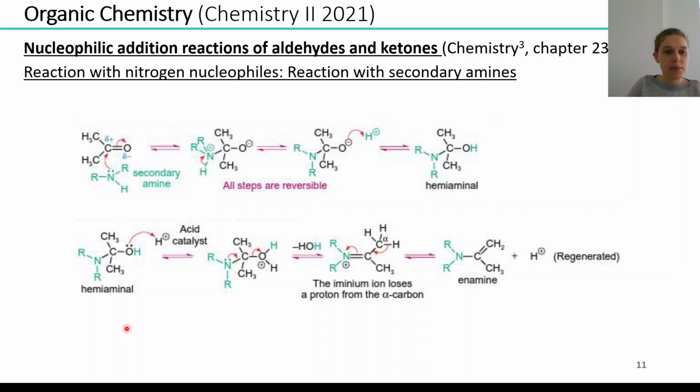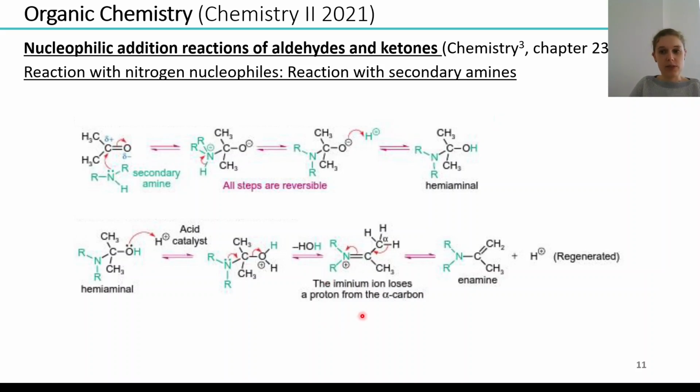In the second part, we start with the protonation of the hydroxide group of the hemiaminal. Then we form another positively charged intermediate, which releases water in order to form the iminium ion. And now we can see that it is not possible to form an imine based on a proton elimination because there is no nitrogen-hydrogen bond.